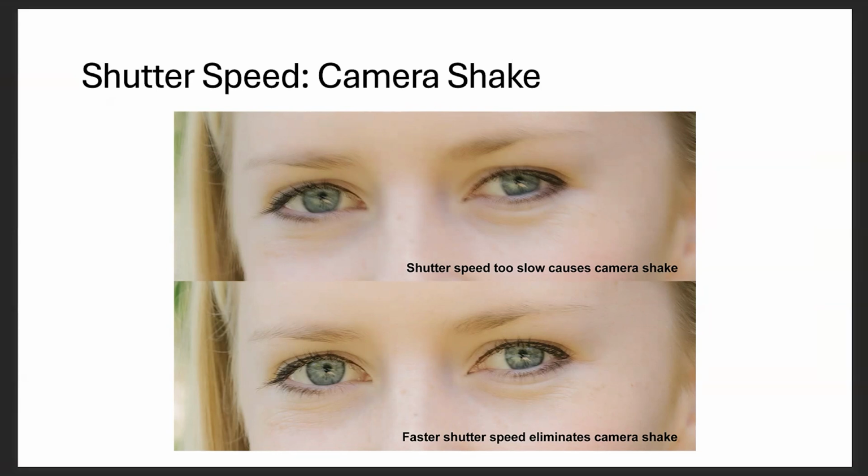When you take a photograph with these longer shutter speeds, even the simple act of pushing the button down or hand holding the camera, even if you think you have very steady hands, there's going to be a little bit of movement no matter what. So when you think your image is in focus, like what's happening with the bottom part of our image here with the eyes, it's going to end up actually looking like the top portion of our image where everything is slightly off.